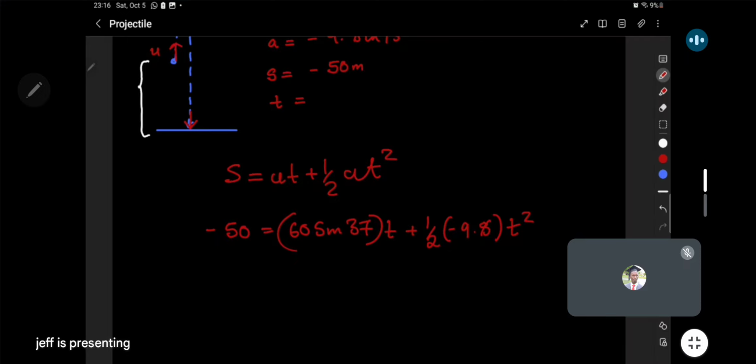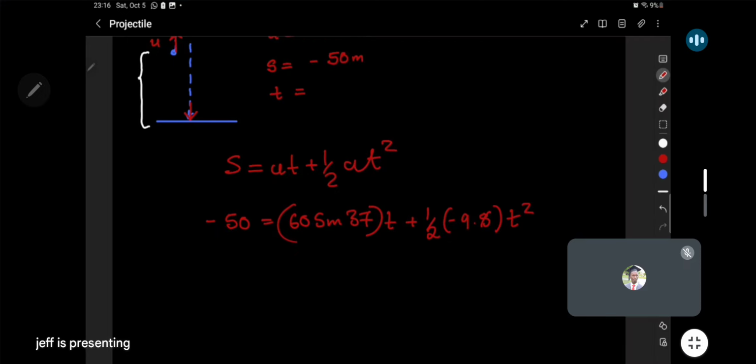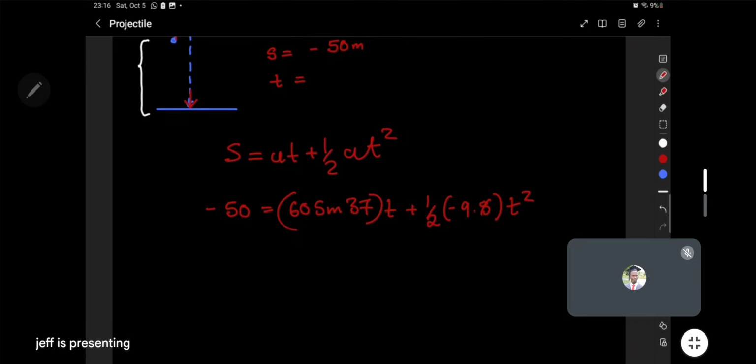Perhaps the only hiccup about this method is you would have to solve a simultaneous equation to find time. But how would it go? You'd have negative 50 equals 60 sine 37 t, then minus 4.9 t squared.